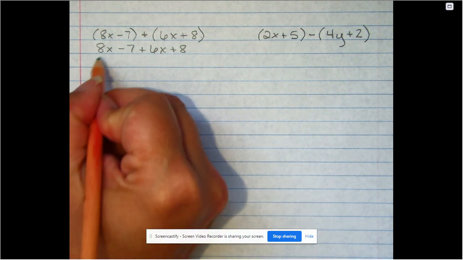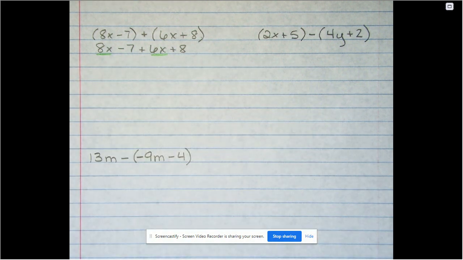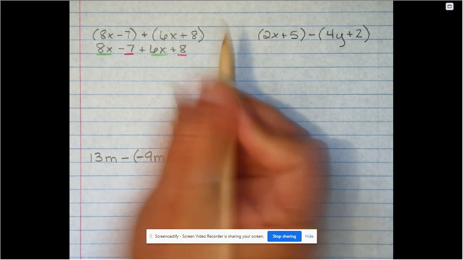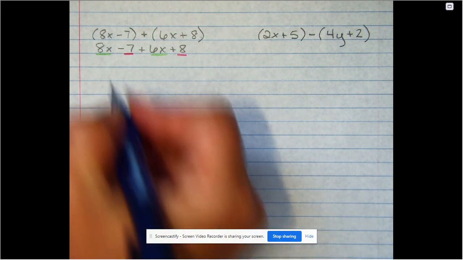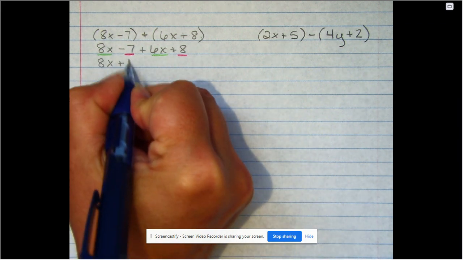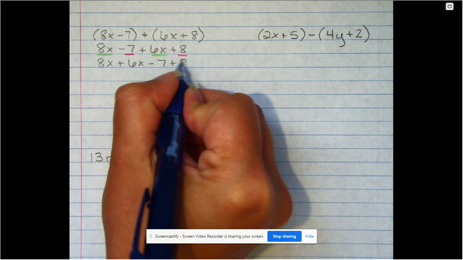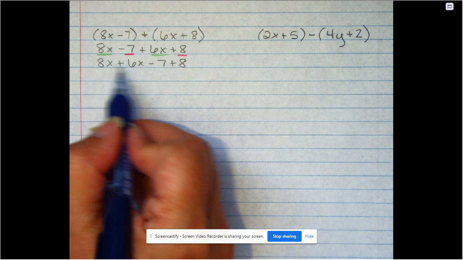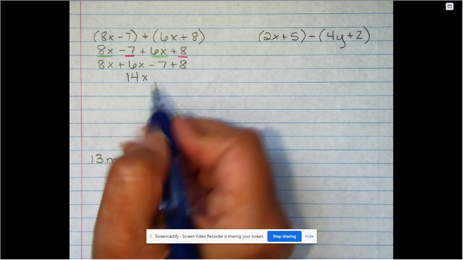Well, I have x's to the first power, and I have constants. So just like I showed you with combining like terms, I'm going to rewrite it for simplicity. 8x plus 6x minus 7 plus 8. 8 xylophones and 6 xylophones, I have a total of 14 xylophones.